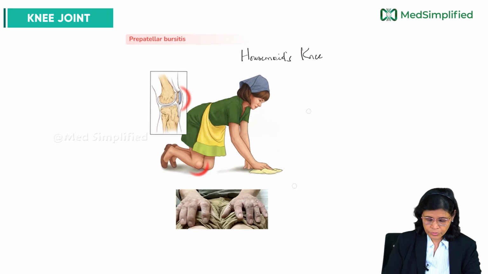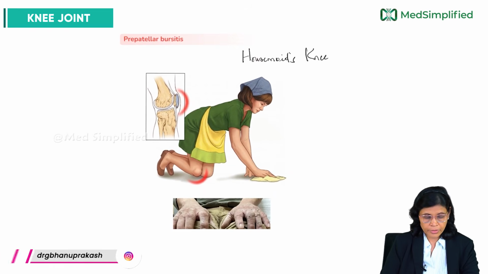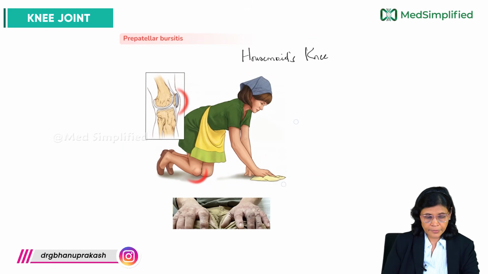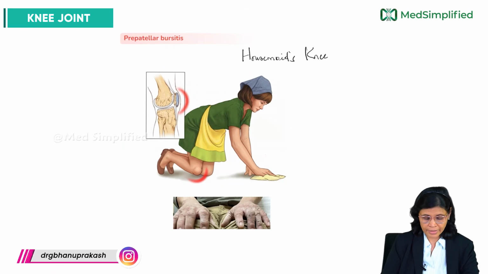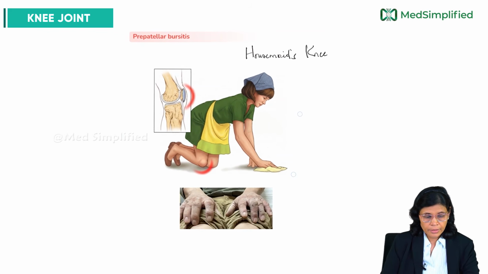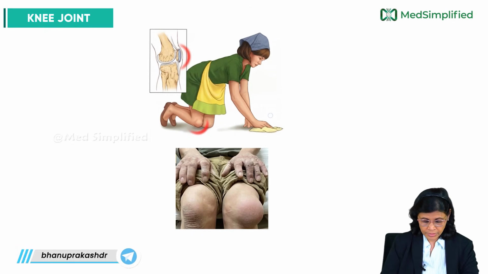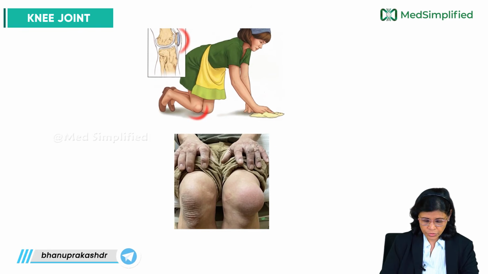Earlier when they used to kneel and mop the floor, there used to be continuous friction of the bursa against the patella, because of the continuous contact of the bursa on the ground. So the bursa becomes very big and it just drops. So this is prepatellar bursitis.